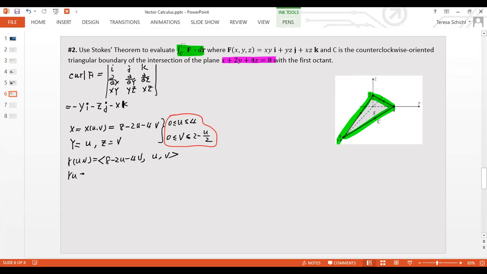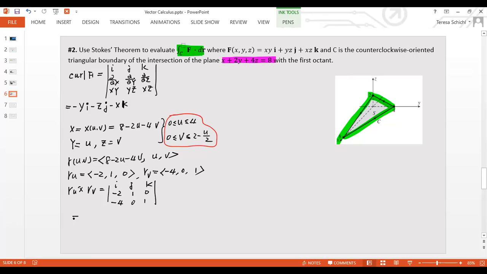The partial with respect to u is ⟨-2, 1, 0⟩, and the partial with respect to v is ⟨-4, 0, 1⟩. Now the cross product r_u × r_v, again using i, j, k with rows 2, 1, 0 and negative 4, 0, 1.